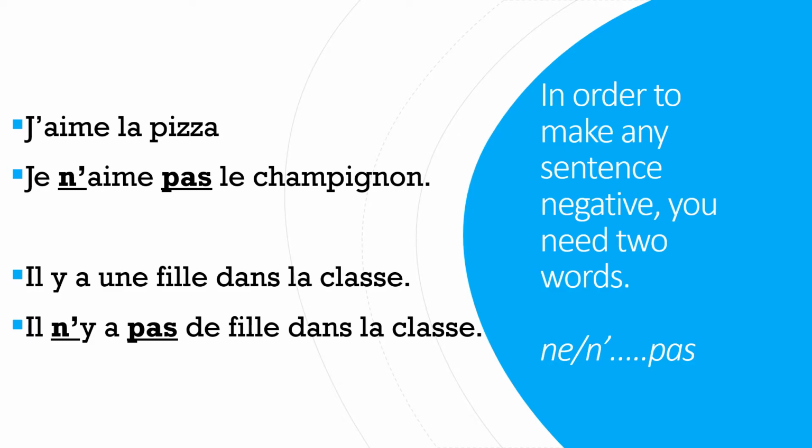Same thing, il y a une fille dans la classe. There is a girl in the class. We take that and we use our two words again, ne and pas, and we have il n'y a pas de fille dans la classe. There is no girl in the class, or there isn't any girl in the class. So by using these two words, ne and pas, we have to use both words, we can make any sentence negative.